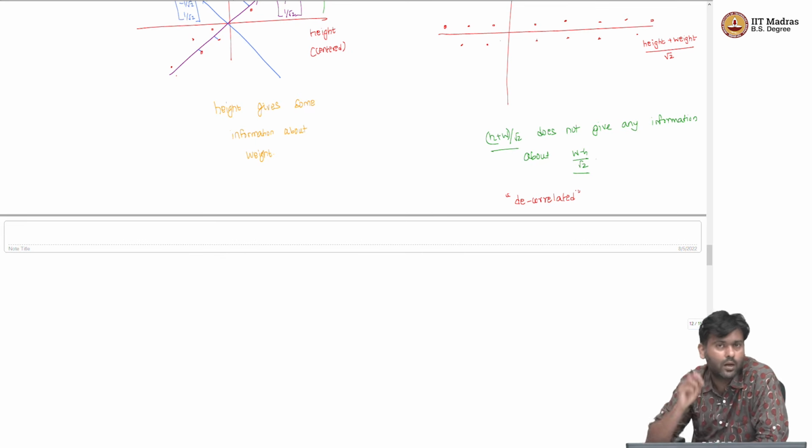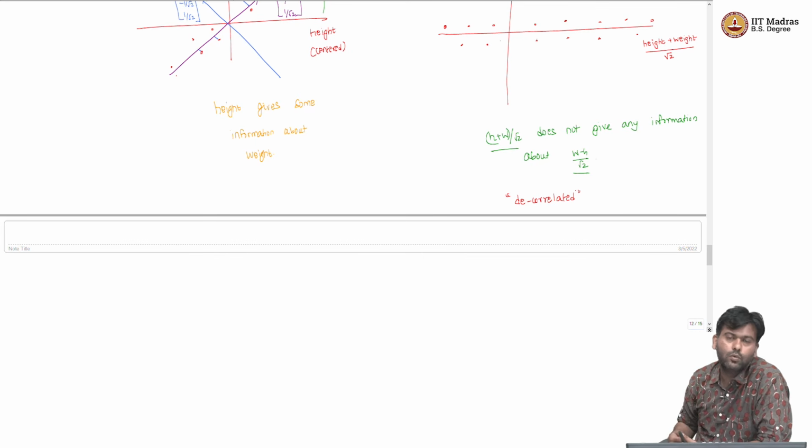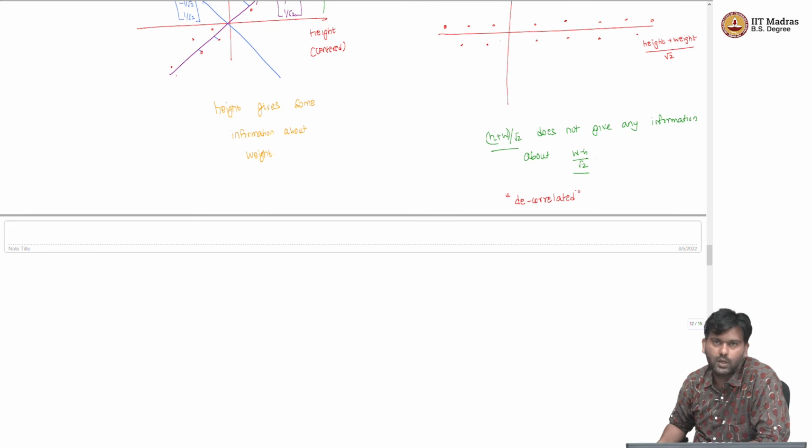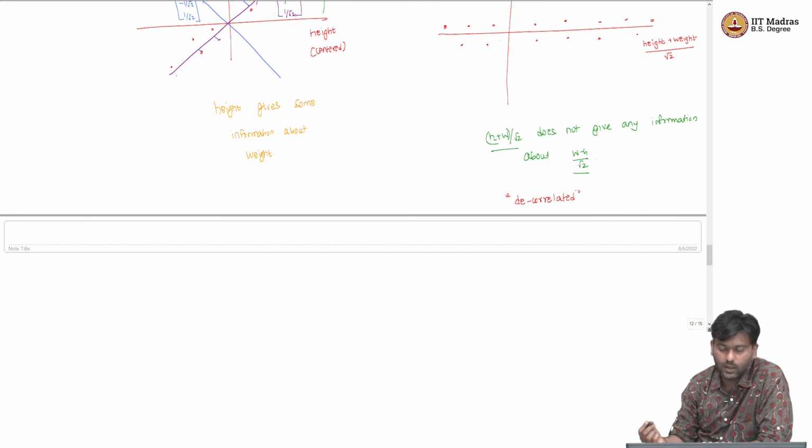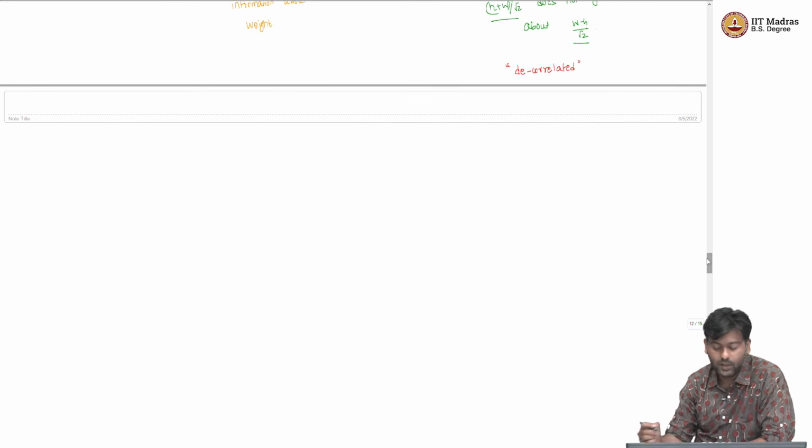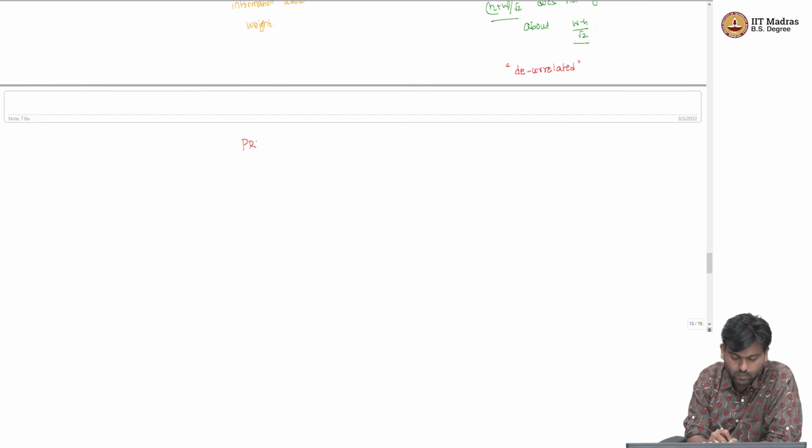So, we are trying to find the directions where every direction gives you some new information that the previous directions are not giving you. That is what our algorithm is essentially doing, and this algorithm is called the principal component algorithm. You might have come across this algorithm already if you had taken an MLF course.